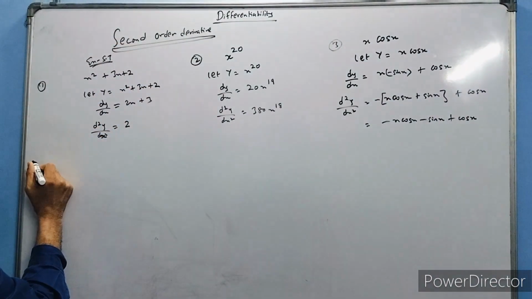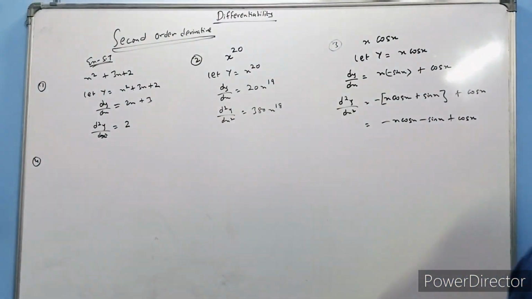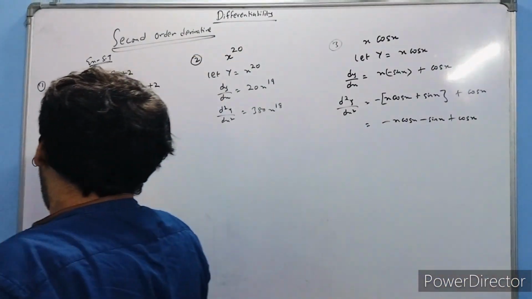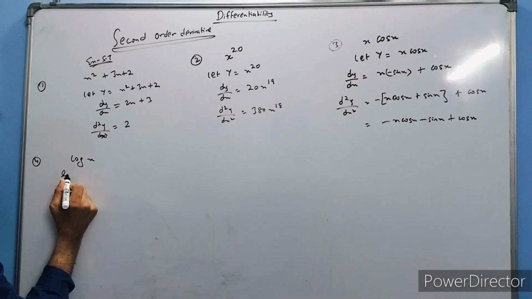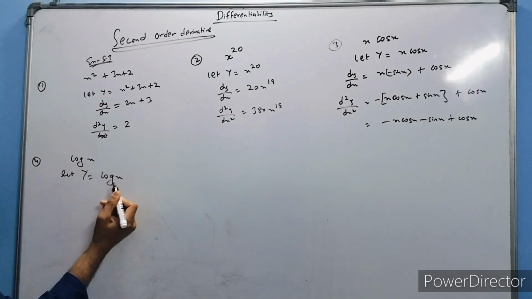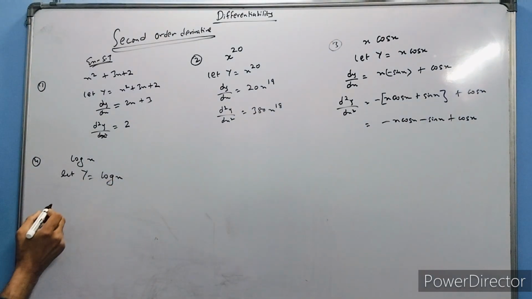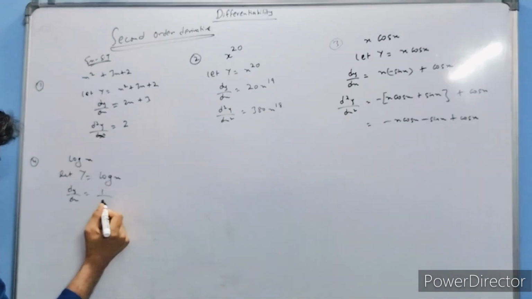Now let's move to the fourth question. The function given is log x. Let y is equal to log x. Differentiating it, we got 1 upon x.